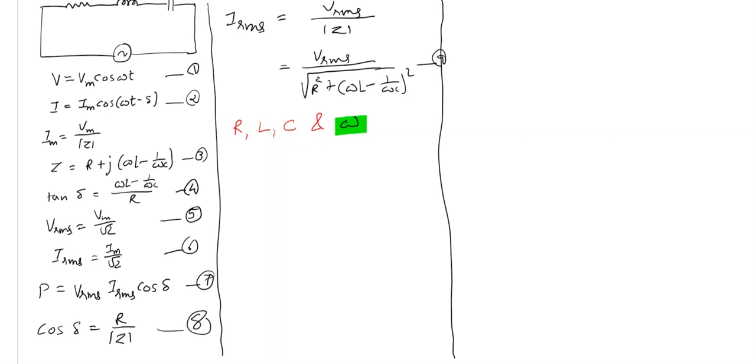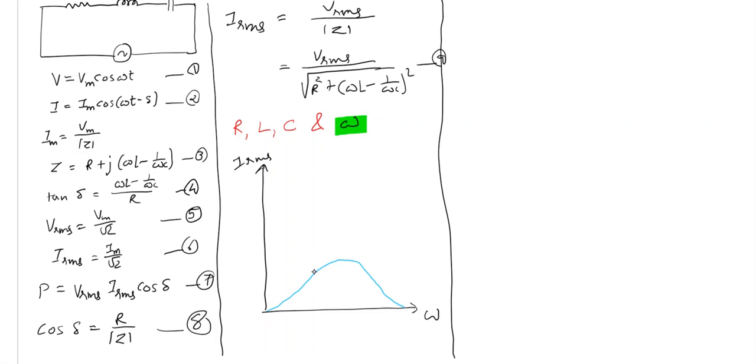And if you plot graph of IRMS versus omega, the graph comes out to be something like this. Omega I am taking on horizontal axis, IRMS on vertical axis, and it is observed that the graph is like this.